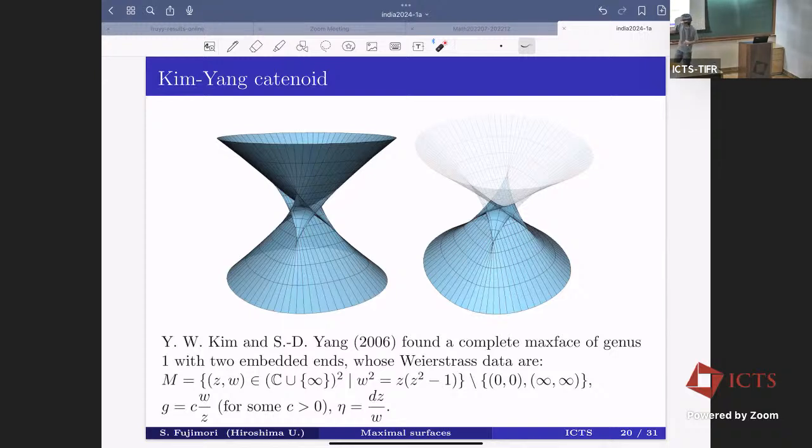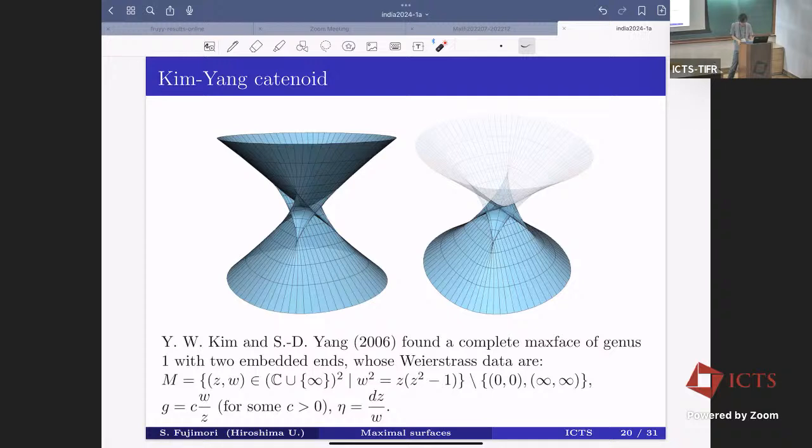And using the Weierstrass data G and eta, they found a suitable constant C so that the surface is single valued, I mean, well defined on M. And the surface has topology of a torus minus 2 points. But unfortunately, there are no visible handles. I mean, they do have handles, but we don't see any handles.